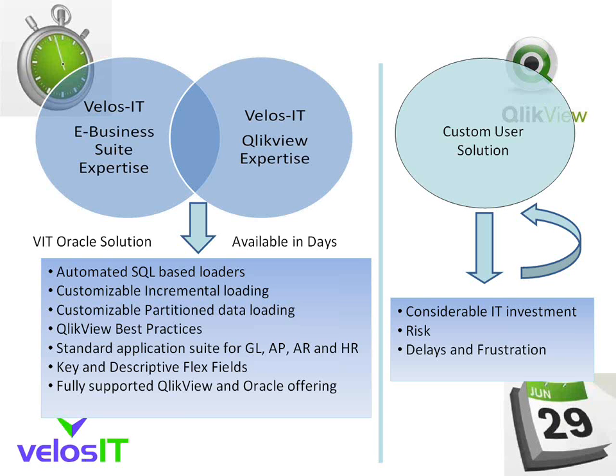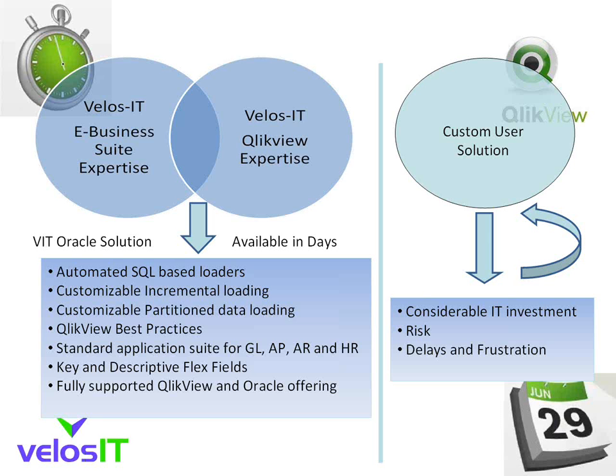So while we could demo our data loaders, to be honest, it's a bit like watching paint dry. So we're not going to do that, but what our demo does cover is data that we've automatically loaded down from the eBusiness Suite Vision demo system. By combining our eBusiness Suite expertise with our QlikView experience, we've automatically downloaded data for GL, AP, AR, human capital, payroll modules, and we've got others to follow as well.